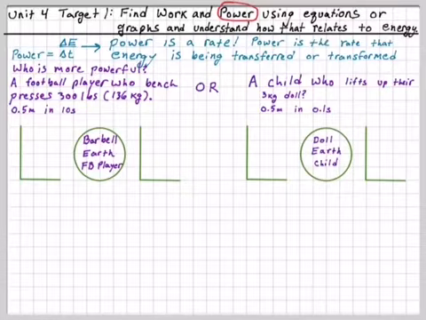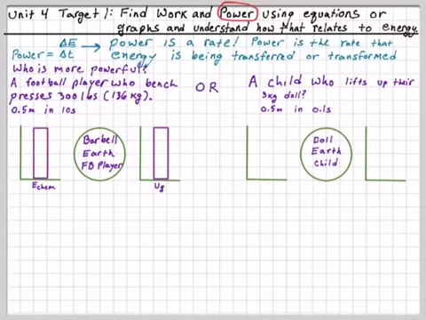So for example, the football player is transforming his chemical energy into UG, gravitational potential energy of the barbell. This is the transformation that's taking place when the football player lifts up that barbell.